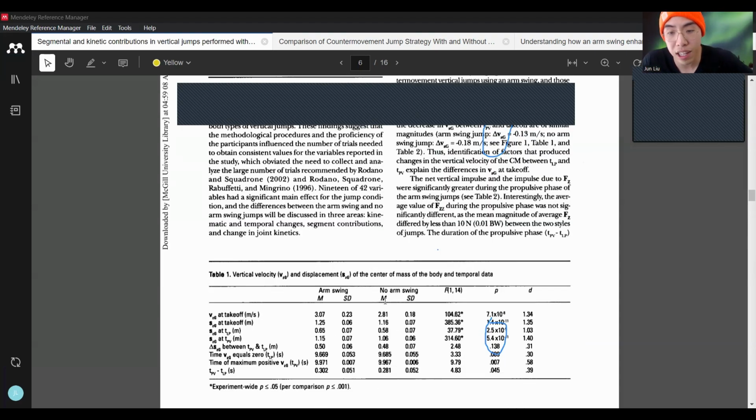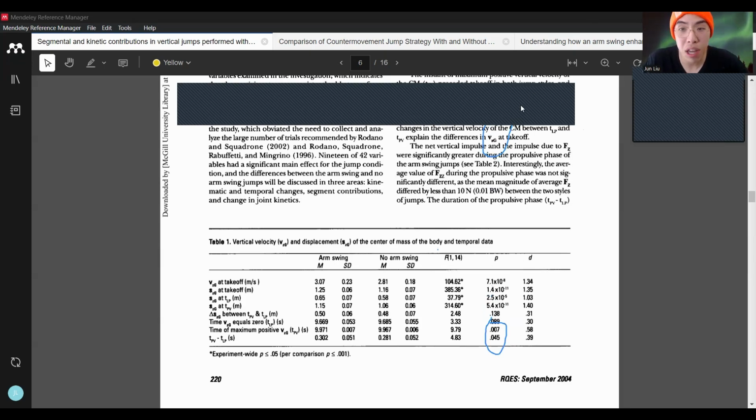So when you have that extreme a difference, you have roughly 2.81 versus 3.07. So it's like 0.2 meters per second. It doesn't show the jump height here, that's annoying.